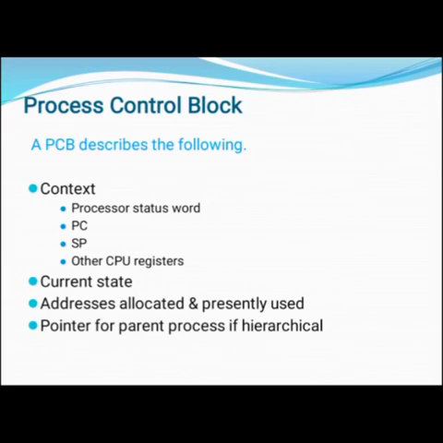The second point is the current state of the process. The third point is the address allocated and the presently used address. What are the addresses allocated for each task or each process, and the presently used address.